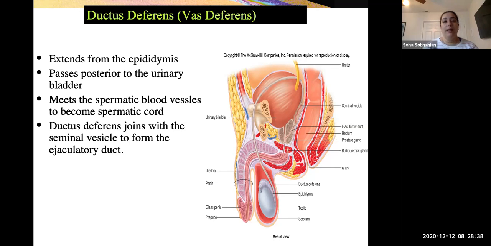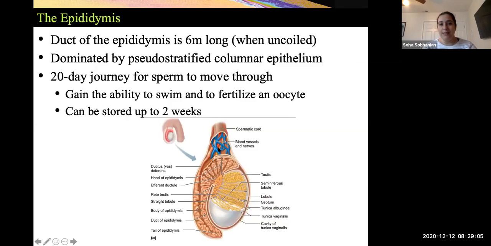Now, when it is coming out of the epididymis, so it's basically coming up from here, it's not only the vas deferens, it's not only the tube, you also have the bundling of the nerves, the arteries, and the veins that are also supplying the testes as well. So if you look at the previous picture I showed you, you can see it in this picture.